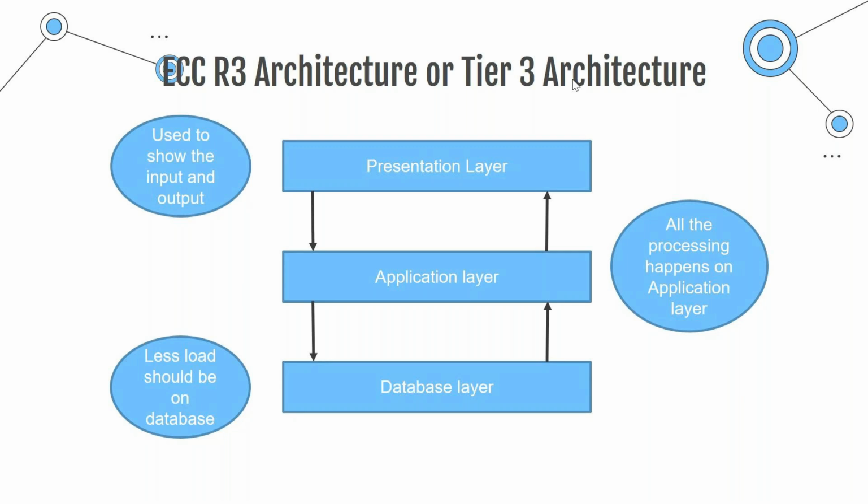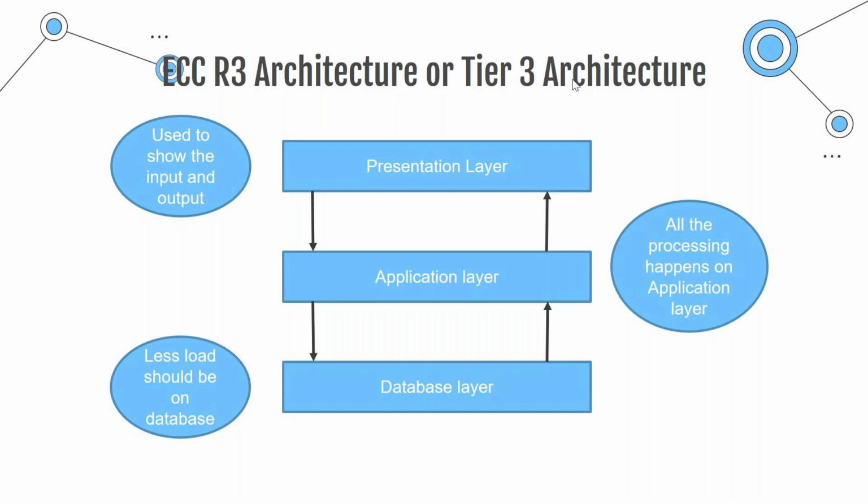So in this case, from the presentation layer, we have to give the employee number as input. Once you give that, you have to read that employee number given in the selection screen in the application layer. And I told you, we have to write some logic, a piece of code which will work in the application layer. Then it will pull the data from the database layer.